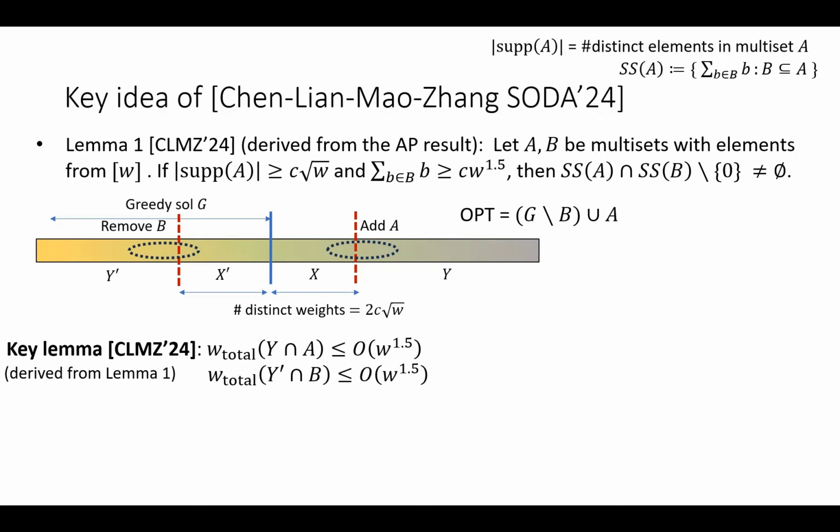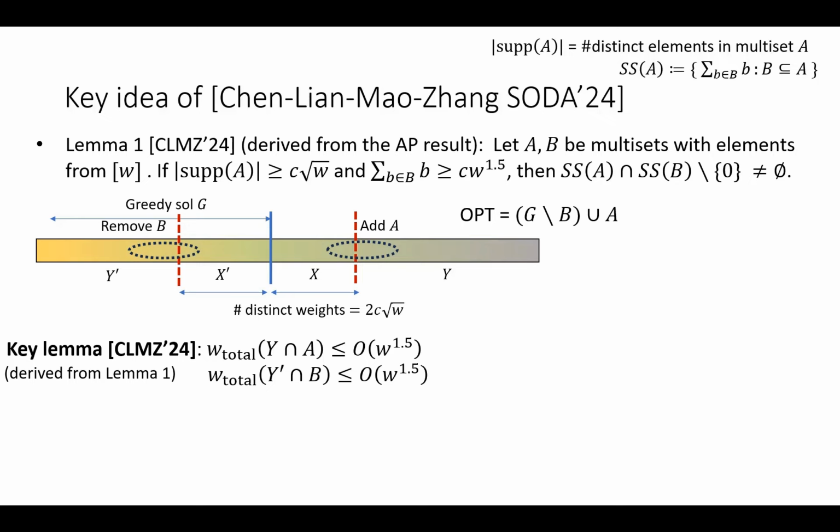The total time for this batch update is W to the 2.5. And then they update the items in Y and Y prime. And now using this proximity bound, the DP table length can be reduced to only order W max to the 1.5. And the number of distinct weights is at most W max, so the product is still W max to the 2.5.